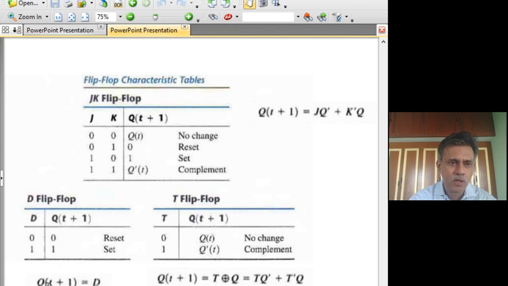That is why we write Q at the time t plus 1 is simply D. For the case of the toggle flip-flop, when T is 0, there is no toggling. It is a no change case. Q of t plus 1 is Q of t. And when T becomes 1, we make the flip-flop toggle.